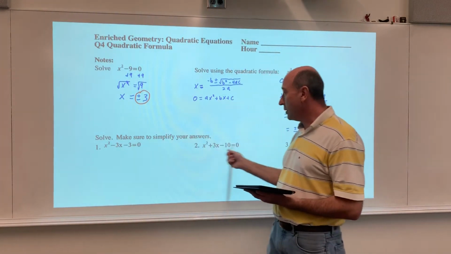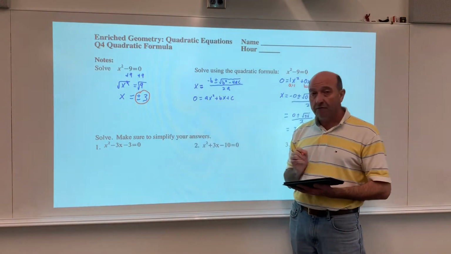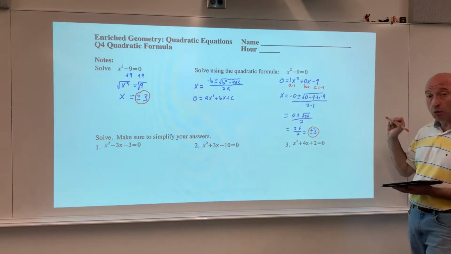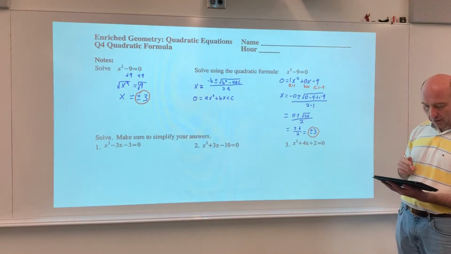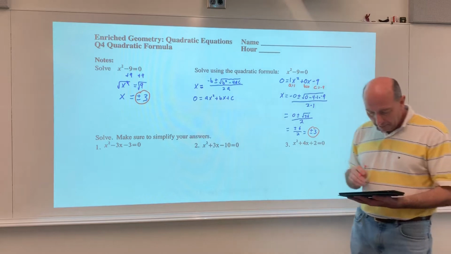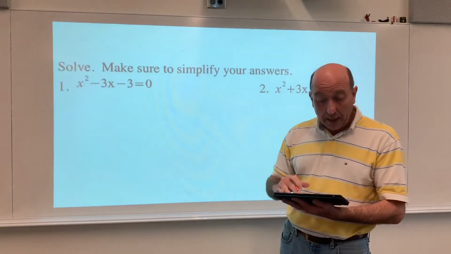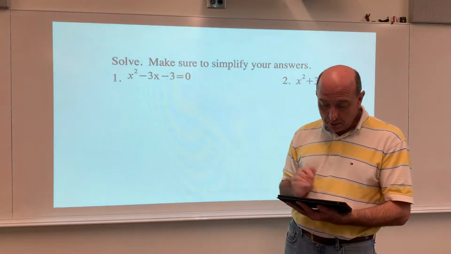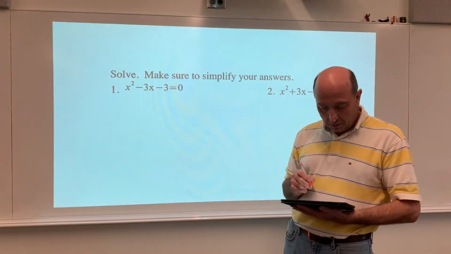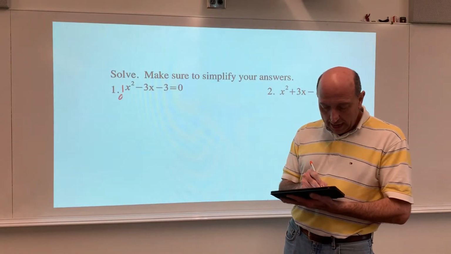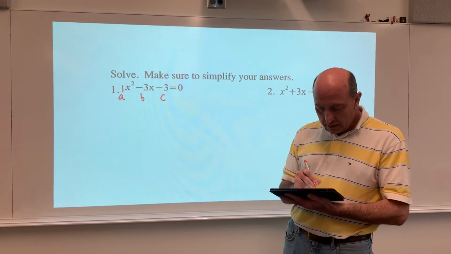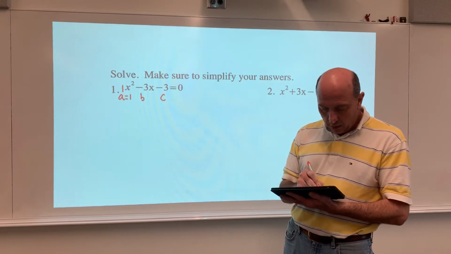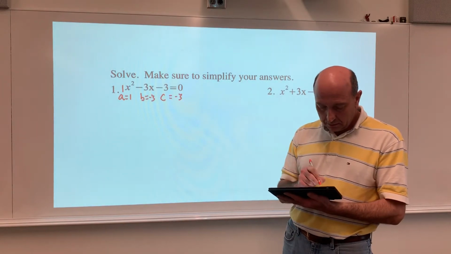Solve these problems, making sure to simplify your answer. So don't stop too soon. So this is the final simplified answer. Okay, let's try to solve this bad boy. X squared minus 3x minus 3 equals 0. So clearly A is 1, B is negative 3, and C is negative 3.